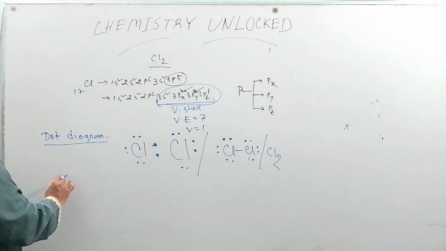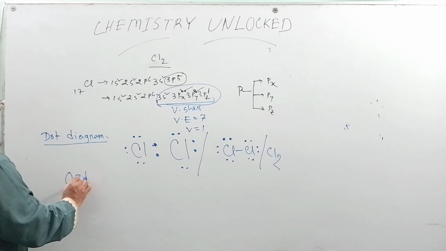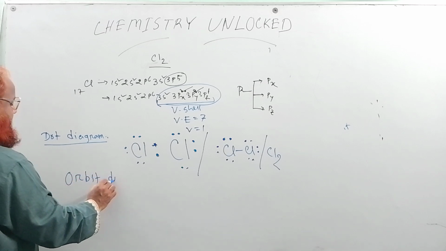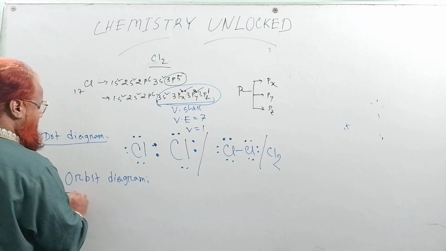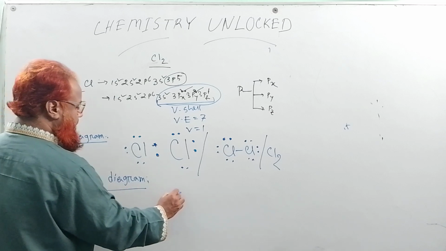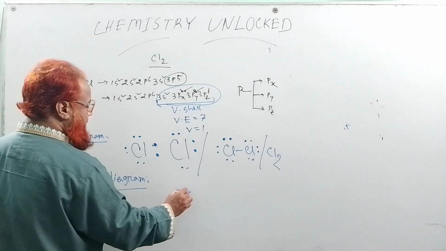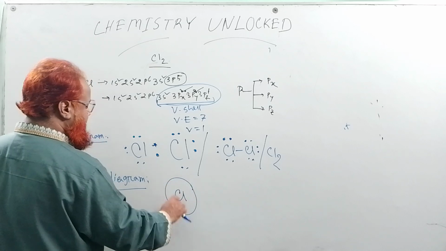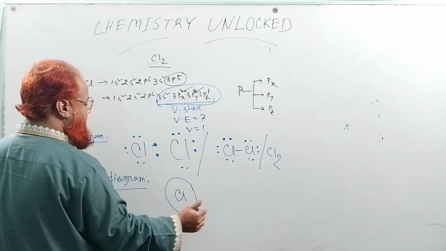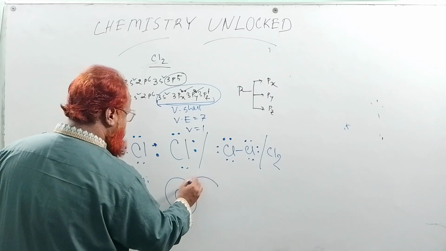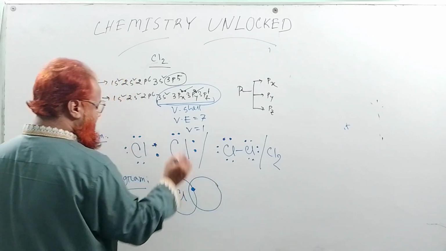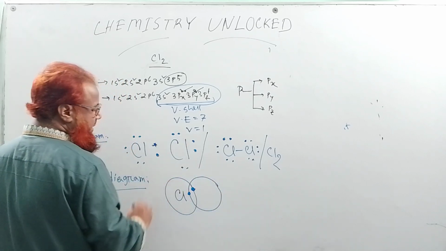Now the orbit diagram. Chlorine, Cl, this Cl indicates the nucleus, and here one unpaired electron, and another chlorine atom has another unpaired electron, that becomes paired.